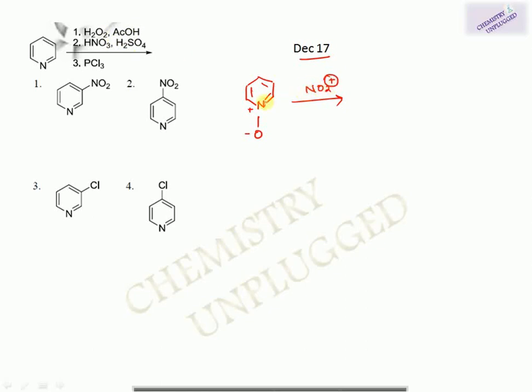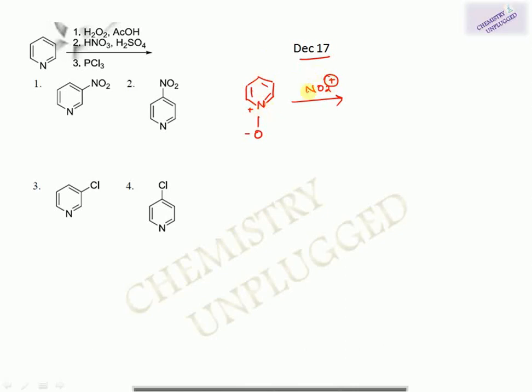Pyridine cannot show electrophilic reaction directly, but pyridine N oxide can show this electrophilic substitution, at the second and fourth positions. But substitution at the fourth position is more favorable, because in that case the positive charge and the NO2 will be away from each other.